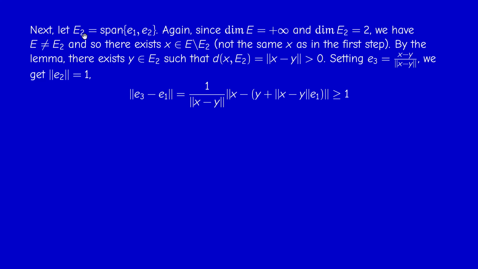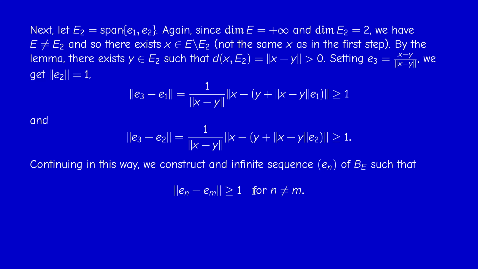So as you noticed, E2 contains e1. So this guy here is in E2, and as before, this is bigger than the infimum, so this is at least 1. And same thing, if I evaluate the distance between e3 and e2, I get the same thing. So, and I can continue, okay?